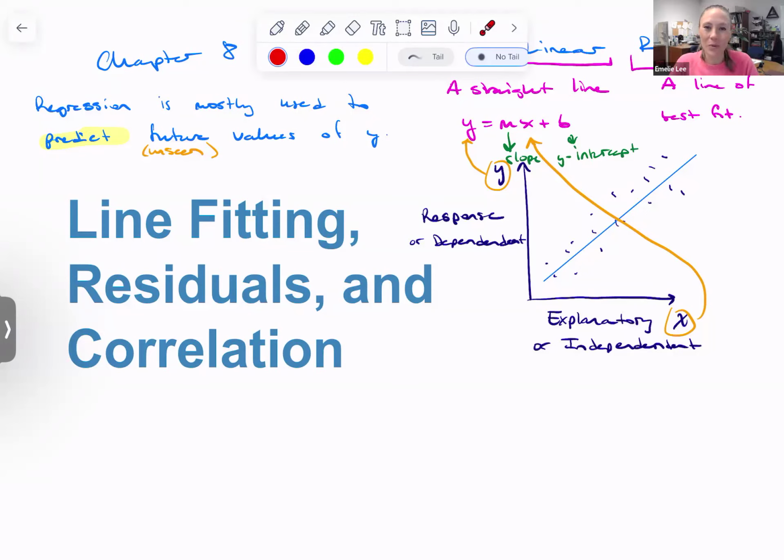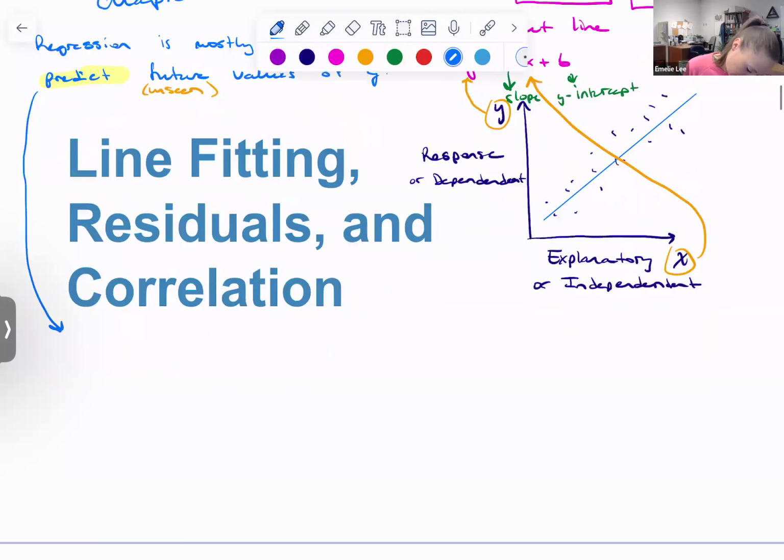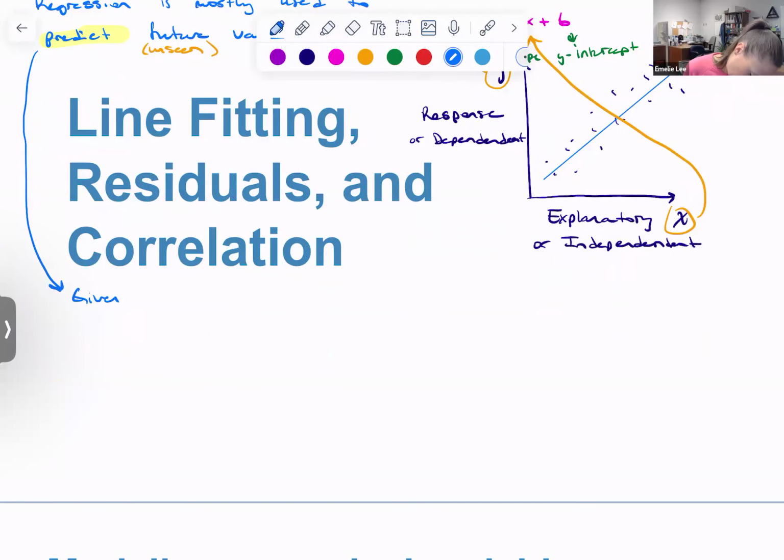And so what we want to do is, given some unseen explanatory variable, and so maybe I should kind of clarify this. Given an unseen explanatory variable value, right?